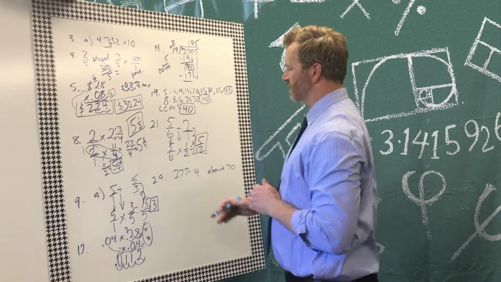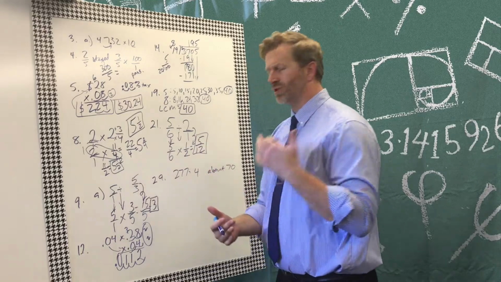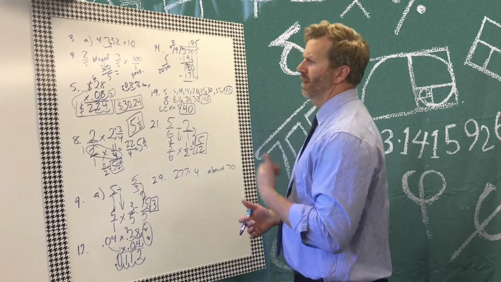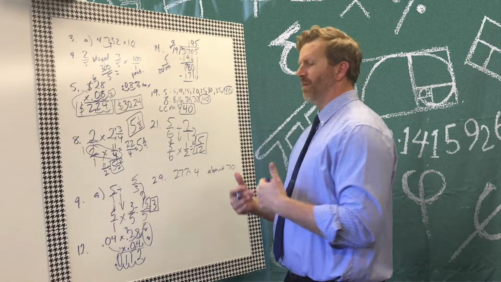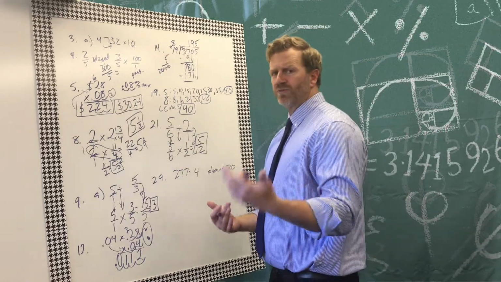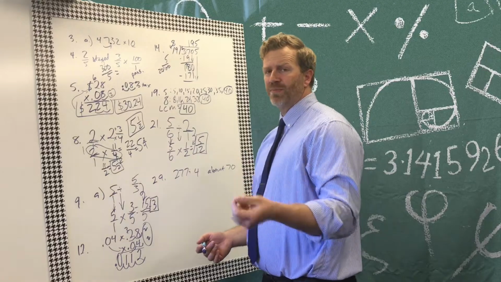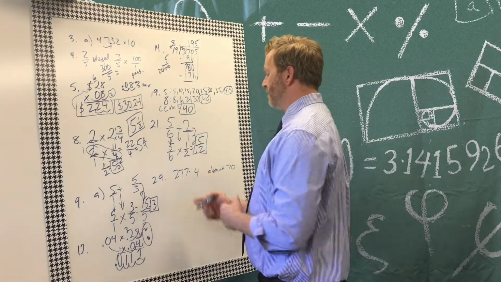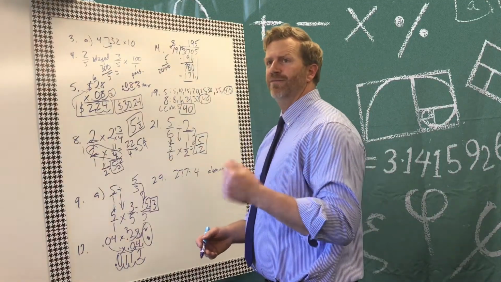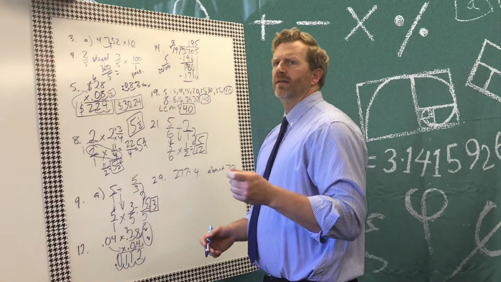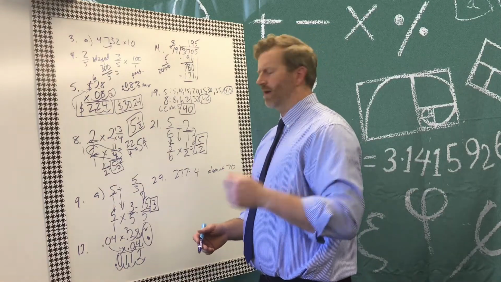Now, number 29 is talking about a person, and they had this problem, 277 divided by 4. They made a rough estimate of it being about 70. So let's work through that. So let's round 277. Let's use some compatible numbers. What can I round that to that's going to be really close to 4? Let's see. Mariah, help me out.